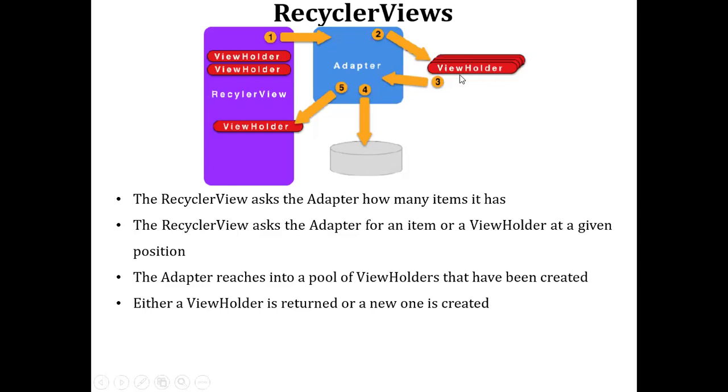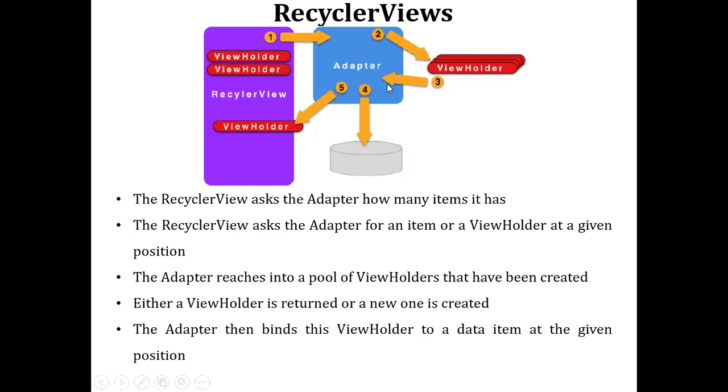After that, the adapter binds these view holders to the data atom at the given position where the view holders should get displayed. According to that, data atoms will be bound to the view holder, whether already available or newly created, to be displayed at a particular position inside the recycler view.